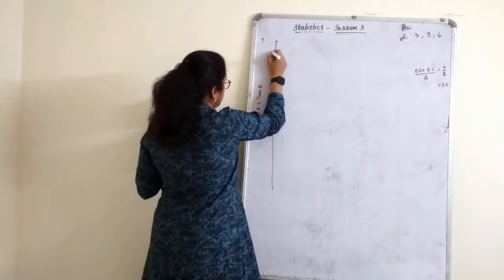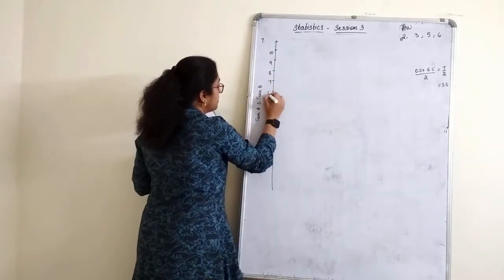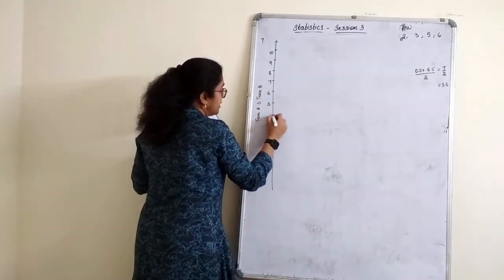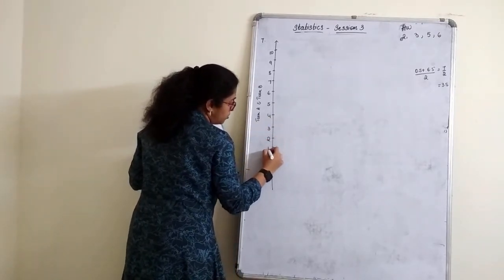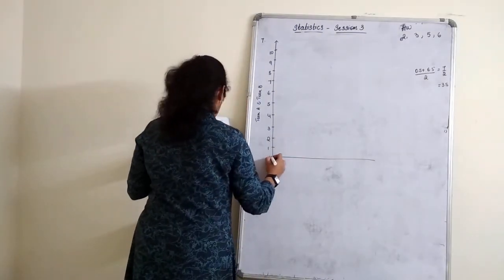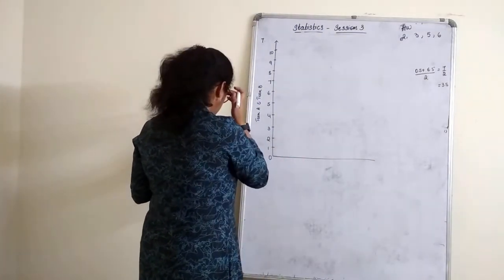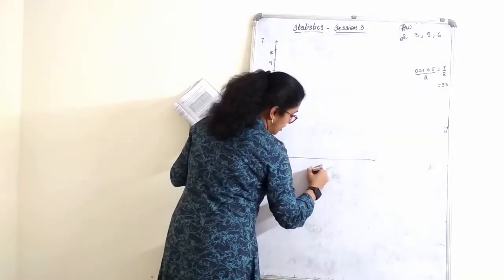I'll start from 10, 9, 8, 7, 6, 5, 4, 3, 2, 1. So this is from 0. This we have to start from 0.5. Here you are supposed to mark, you know what? Class mark.